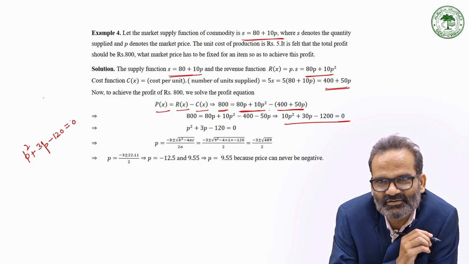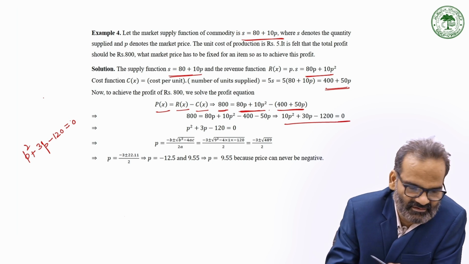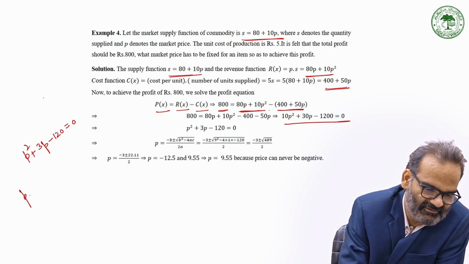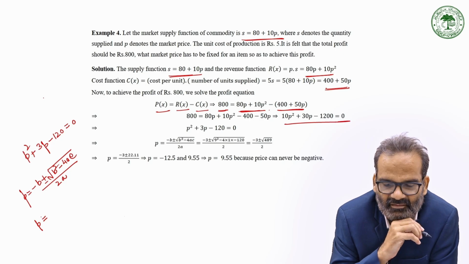You cannot find its factors, so we will use the quadratic formula to determine its roots. The formula is p equals minus b plus minus root b square minus 4ac divided by 2a.